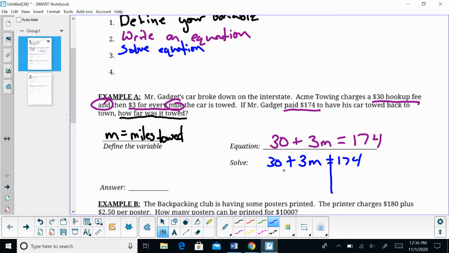And what do I need to get rid of first, the 30 or the 3? Remember, we get rid of the 30 first because our variable is attached to the 3. Now, I'm adding this 30, so that means I need to subtract it to move it to the other side. And that's going to give me 3m equals 174 minus 30, which is 144.